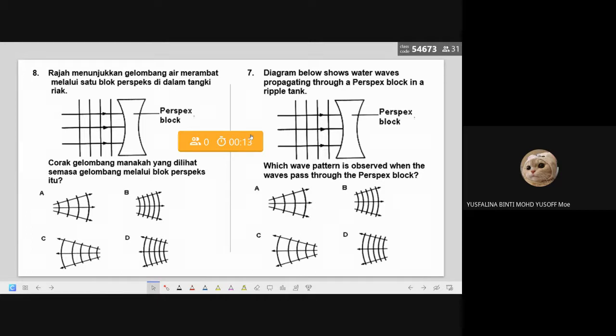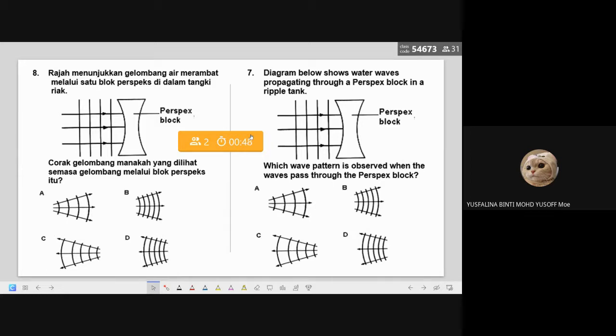So this is the concave. What happened to the wave after it passed through the concave lens?